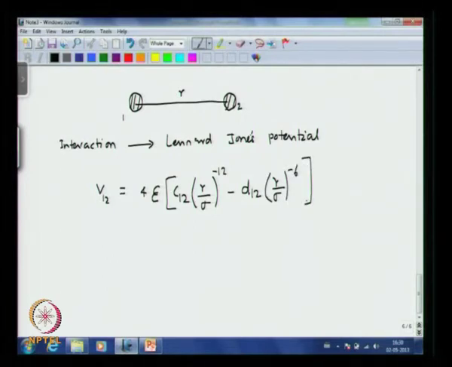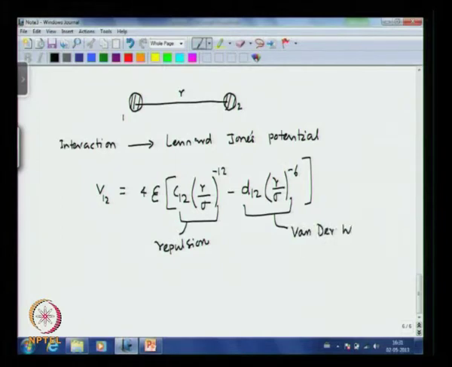Okay. So, the first term is the repulsive term, this is the repulsion between two molecules, and the second term is the van der Waals attraction.